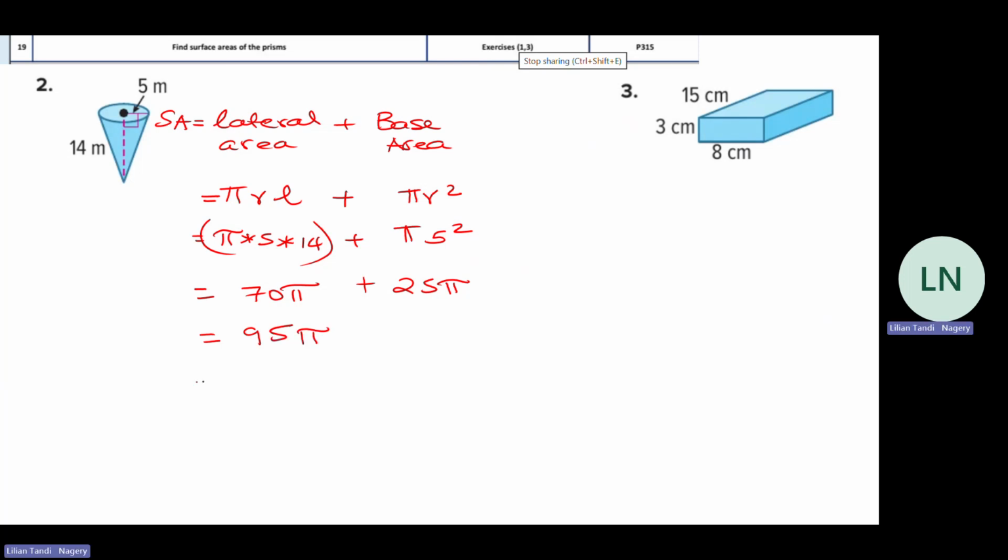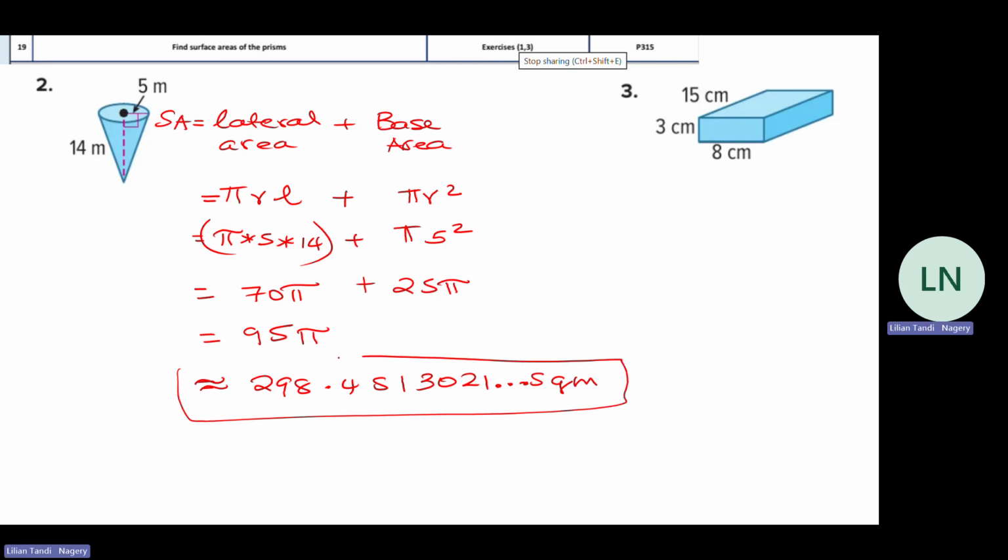And then I press the calculator and I get the decimal, which is 298.4513021 square meters. And then you round it according to what the question says. Here, I don't see where it says how to round. So make sure you round this decimal to the place value the question says.